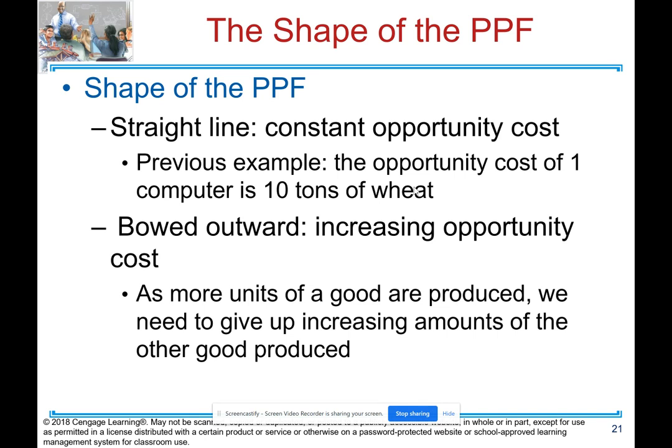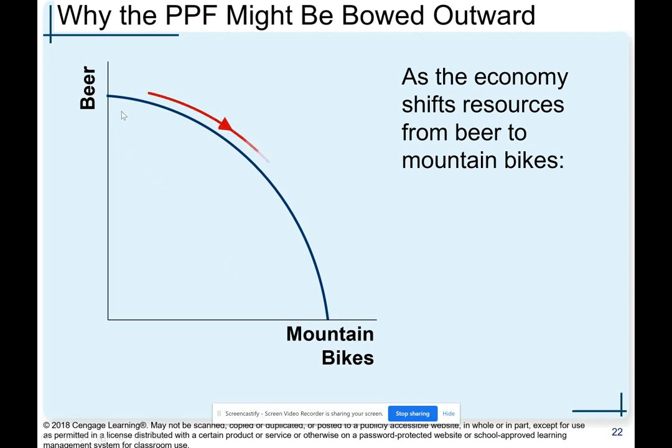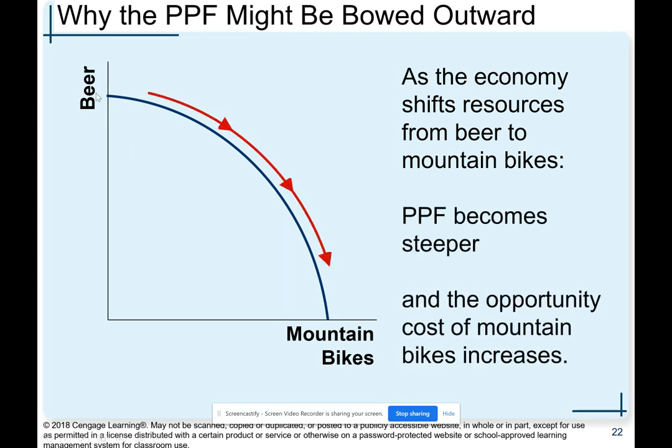The reality is that production possibilities frontiers are bowed out, or concave, which reflects increasing opportunity cost. As more units of a good are produced, we need to give up increasing amounts of the other good. This is a more realistic, real production possibilities frontier.